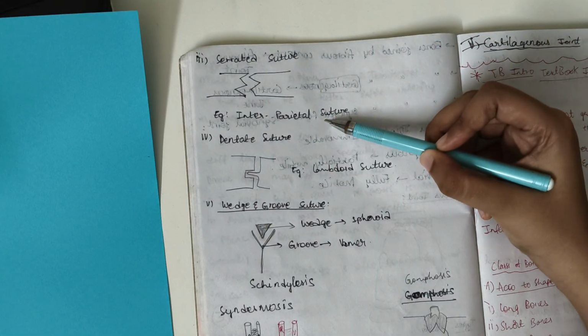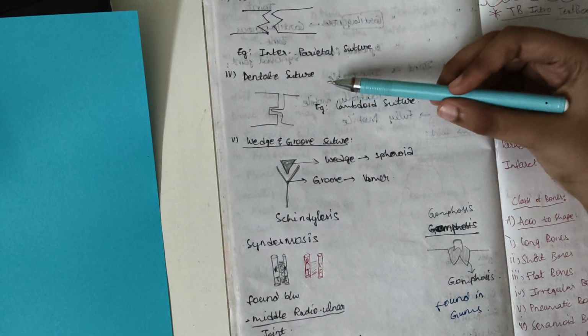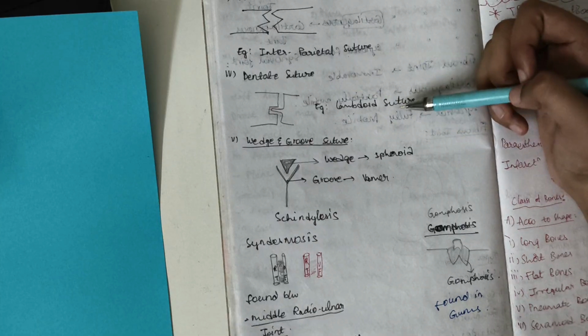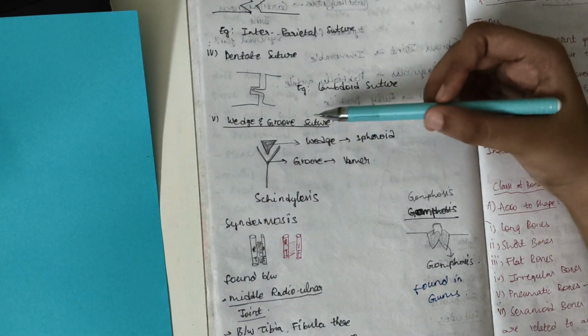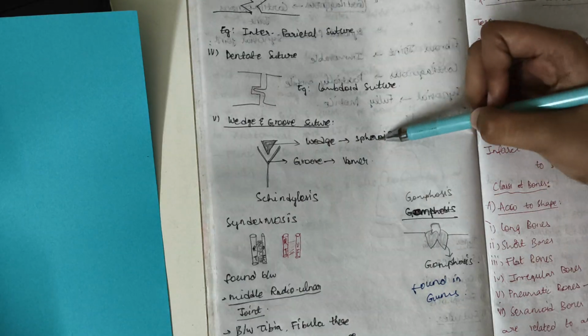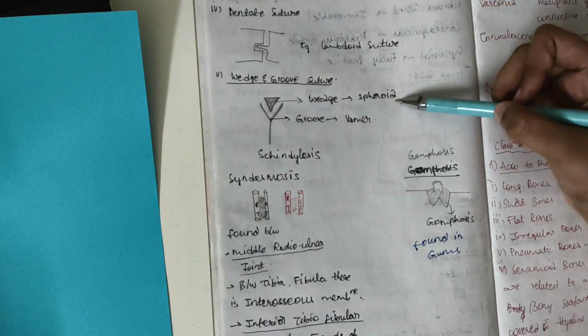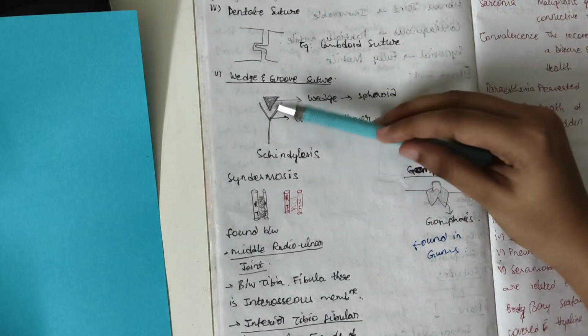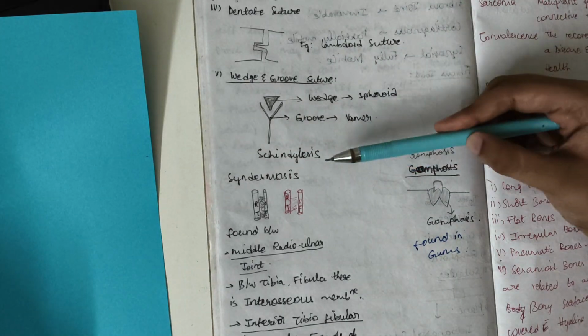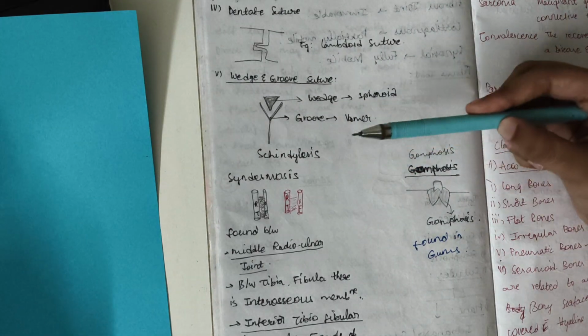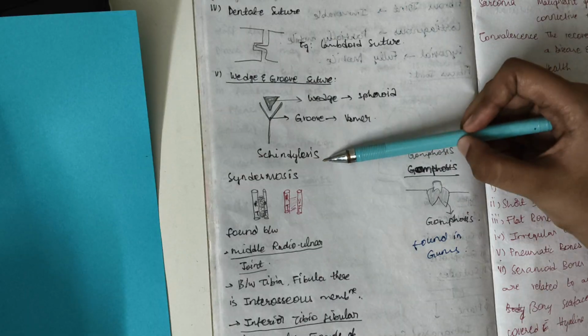Example is interparietal suture. The fourth one is dentate suture. Example is lambdoid suture. The fifth one is wedge and groove suture. Sphenoid bone is wedge shaped and the groove is formed. This is also known as schindylesis.